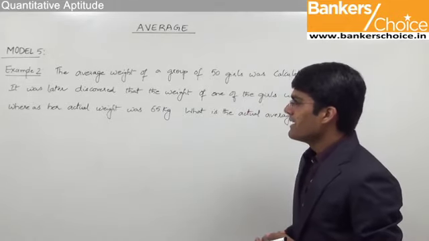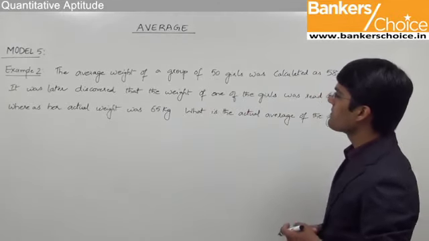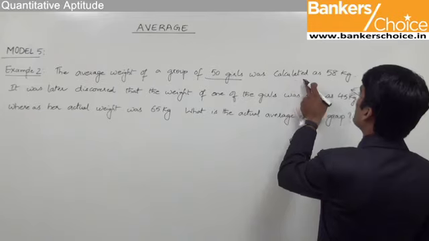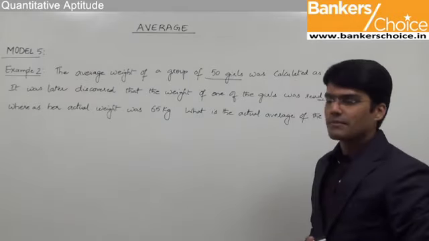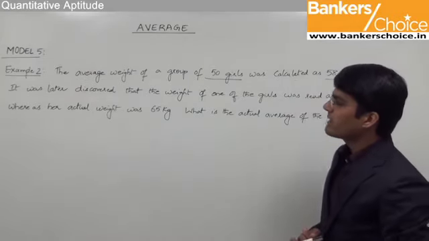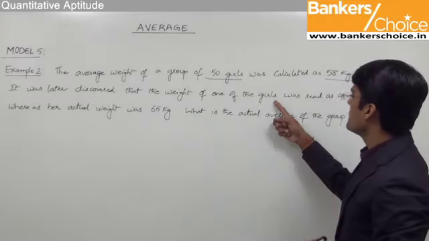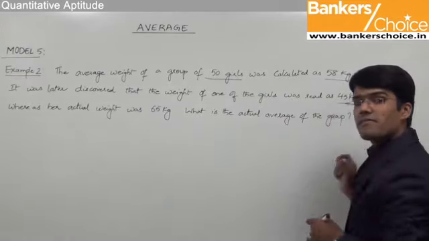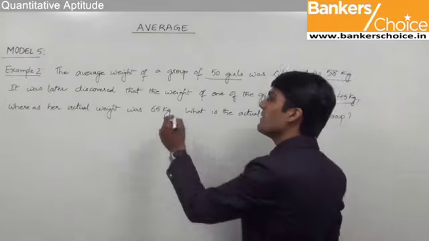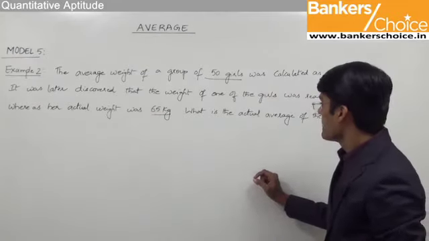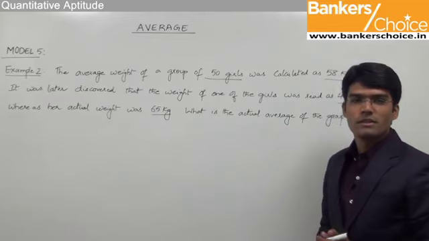The question here is: the average weight of a group of 50 girls was calculated as 58 kgs. It was later discovered that the weight of one of the girls was read as 45 kg, whereas her actual weight was 65 kg. So what is the actual average of the group?